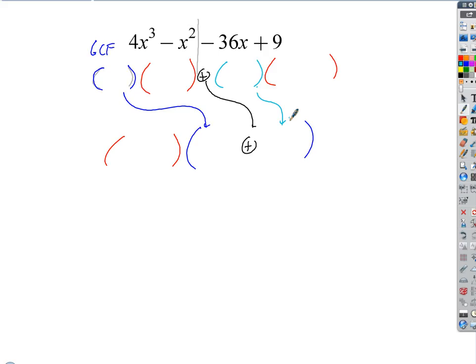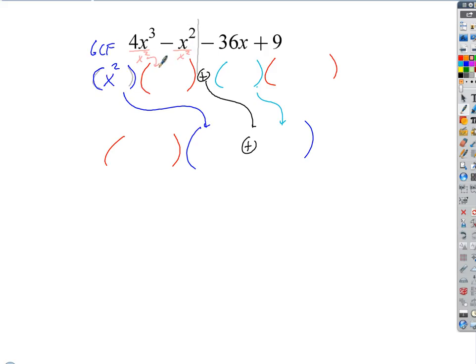What's going to be the greatest common factor from that first group? From the first group, what's the greatest common factor? X squared, right? Biggest thing I can undistribute is an x squared. Now let's see what happens here. If I divide, and this is another mistake people are making, if I divide both of those terms in the first group by x squared, what am I going to get?